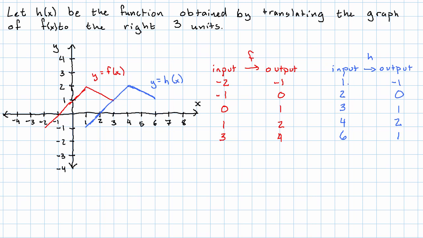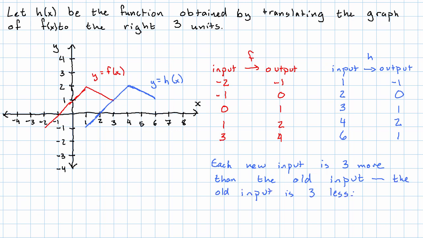We see that each of the new inputs is 3 more than the old input. In other words, the old input is 3 less. Why am I thinking about this from the point of view of the old input? Well, that's what we need to put into f, right? We see, for example, h of 1 is equal to f of negative 2.